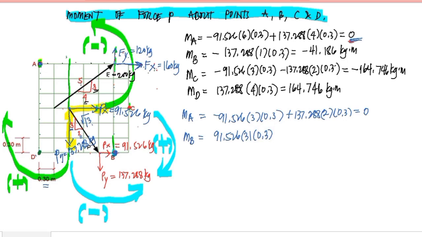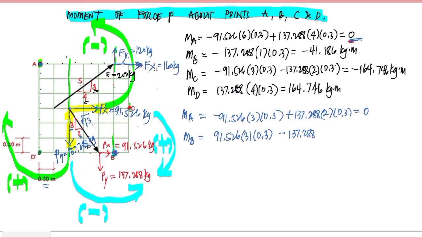And the Py will rotate counterclockwise, and that's negative 137.288 multiplied by the perpendicular distance.